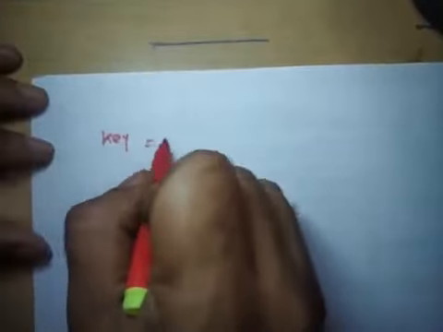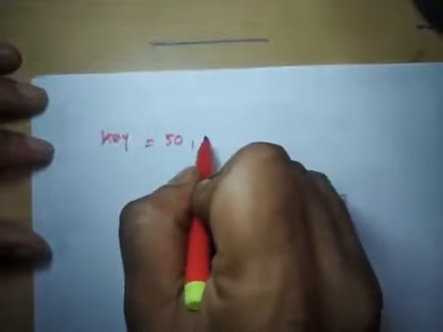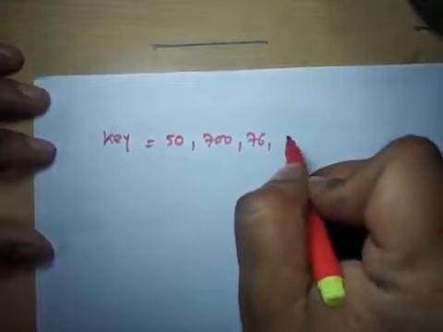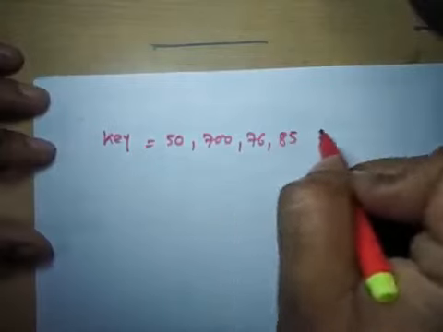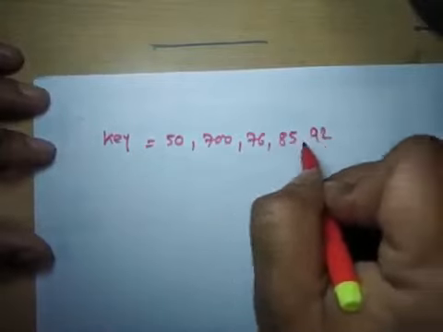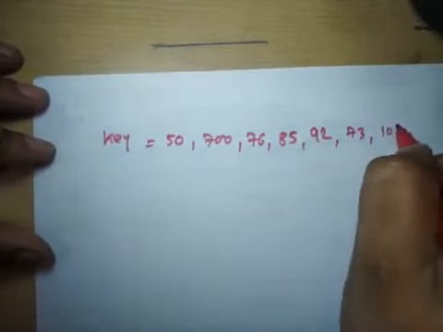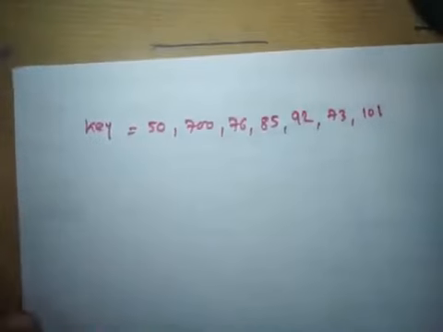Suppose you have key values like 50, 700, 76, 85, 92, 73 and 101. So these are our key values.